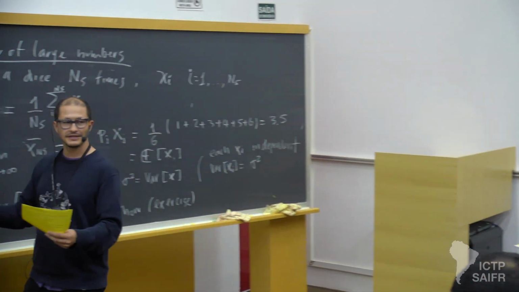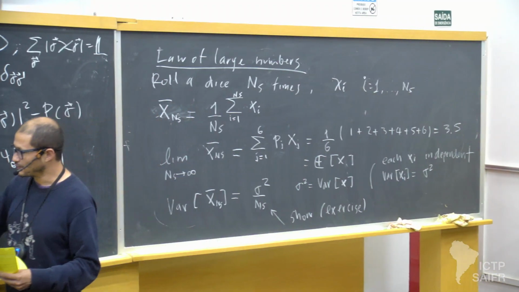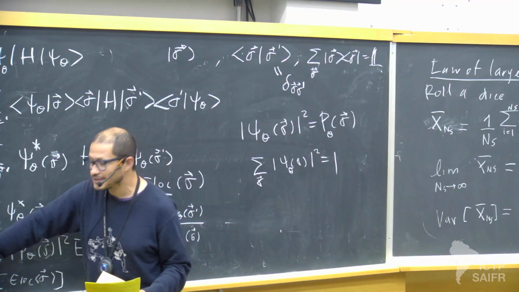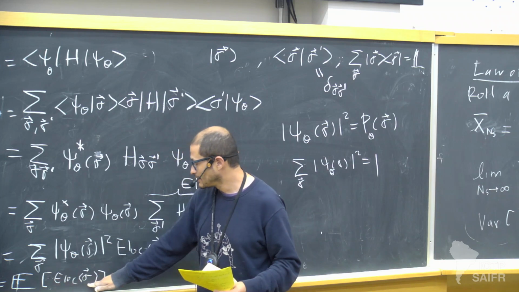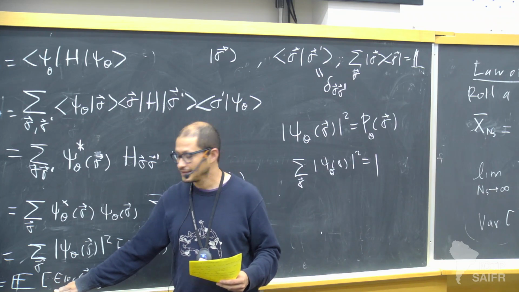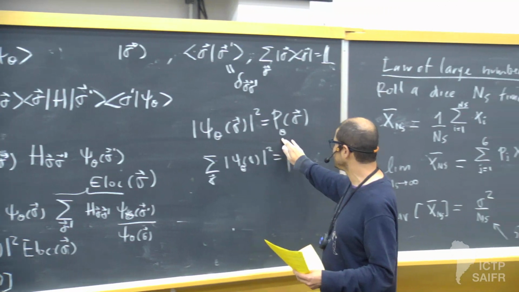Okay, so this is great. Now, how can we use this for variational Monte Carlo? What I've shown here is that the energy can be written as an expectation value of the local energy over this probability distribution.